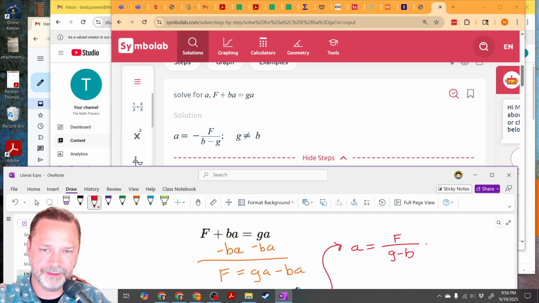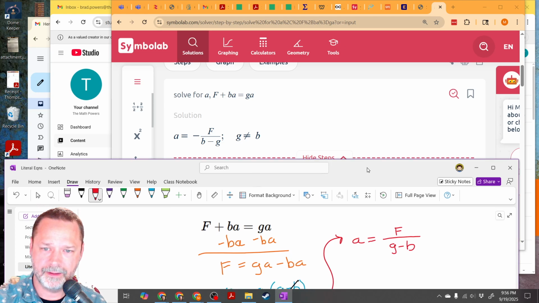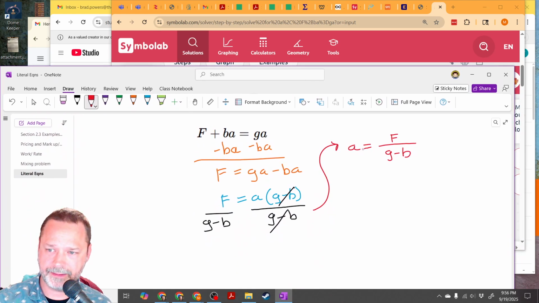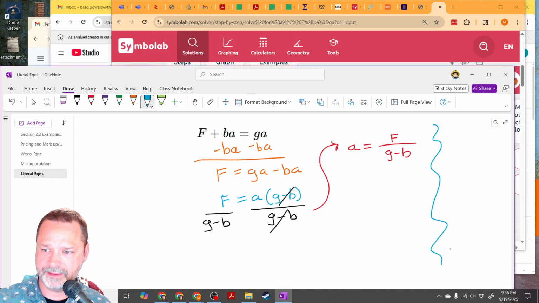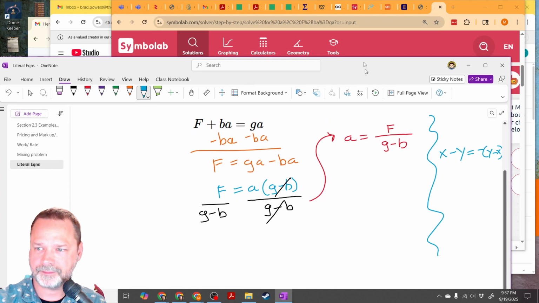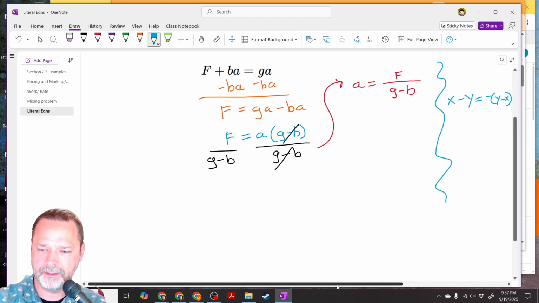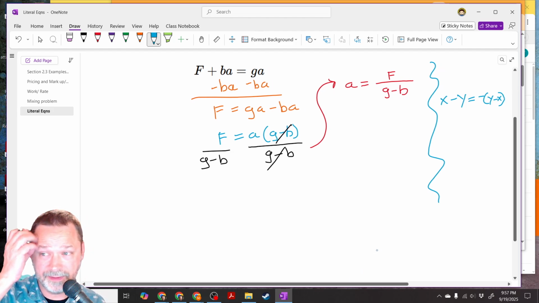So it's good to talk about this. These are equivalent. They're both correct because out of the bottom here, you could factor out a negative. And just so happens, and this is a nice little aside here, anytime you have A minus B, or let's say X minus Y, it is the same as negative Y minus X. These are equivalent statements.